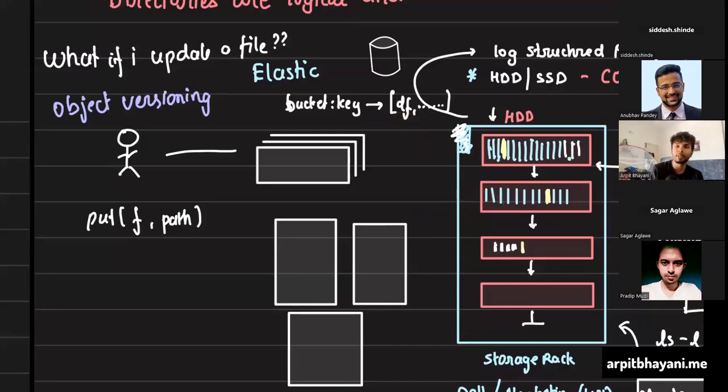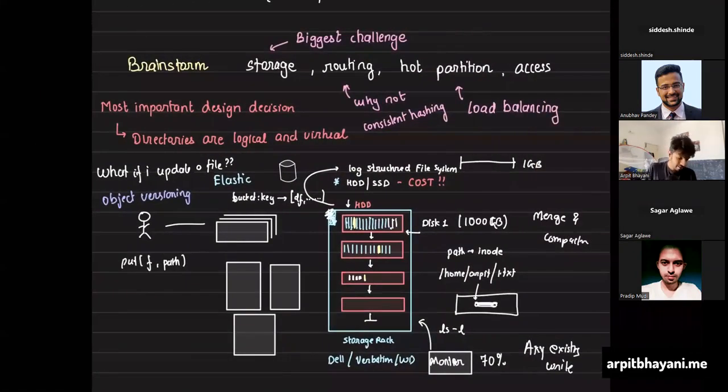And when you're supporting multi-versioning of a particular file, you would just keep this information handy, that these are all the locations where all the versions of my file are stored. So version 1 is stored over here, version 2 over here, version 3 over here, so that you can access them at will.